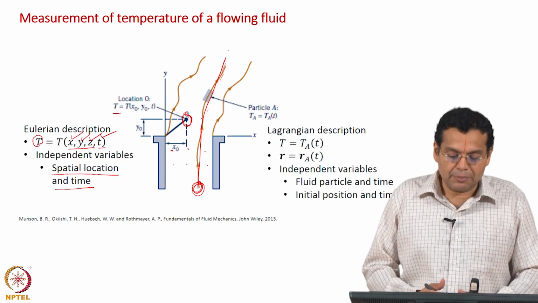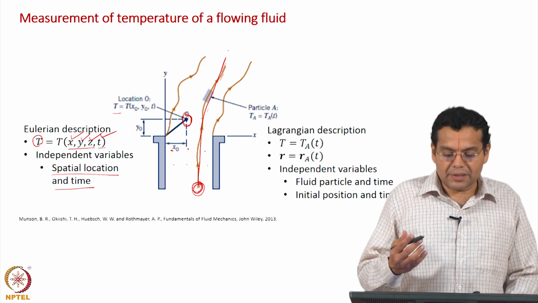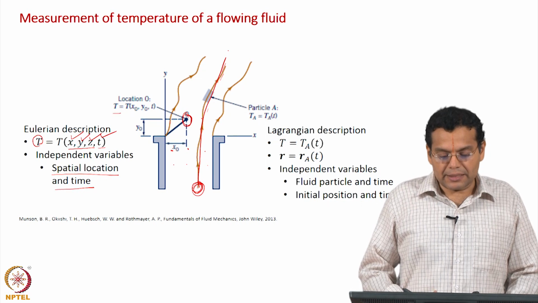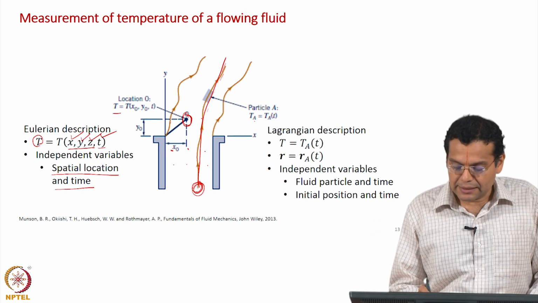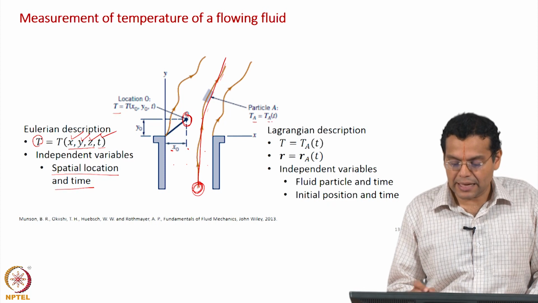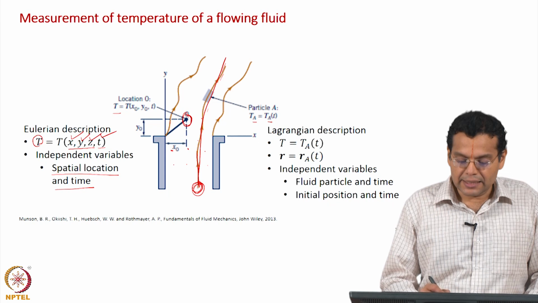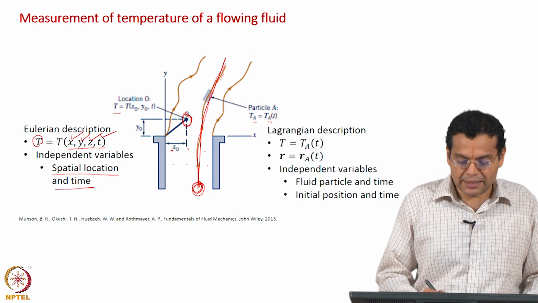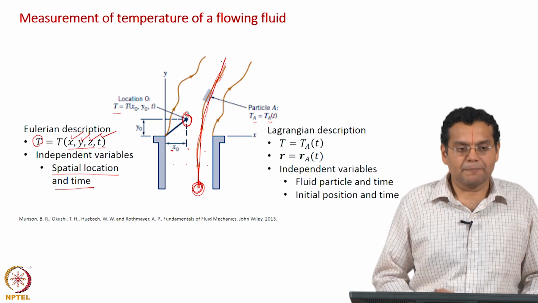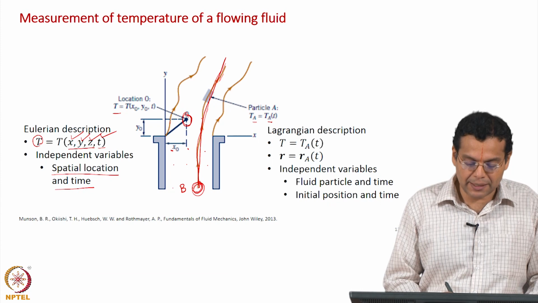Why is that? Because we are following the fluid particle and describing the temperature for that fluid particle. In this particular case, the fluid particle is denoted as capital A. If I track this particular path, I will get the temperature of particle A as a function of time. Suppose I want another particle, let us say I have particle B here, particle C here.